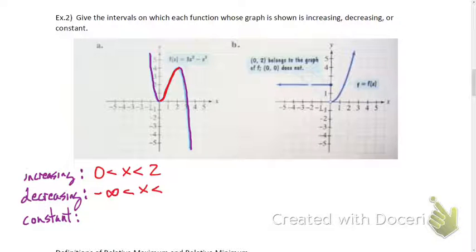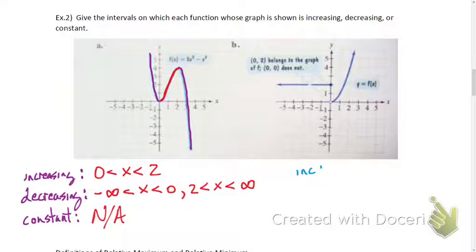And then it stops at 0, like it turns. But then it starts decreasing again at 2. It's not constant ever. Hopefully that makes sense. Let's try the next one.